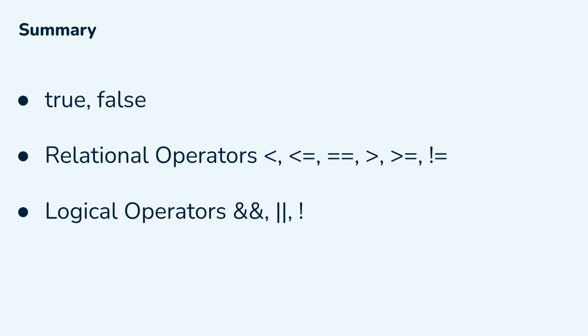First, Boolean expressions return true or false. Second, the relational operators can receive different types of values, including booleans, but return booleans only. The logical operators, at the end, only receive booleans as operands and return a boolean.